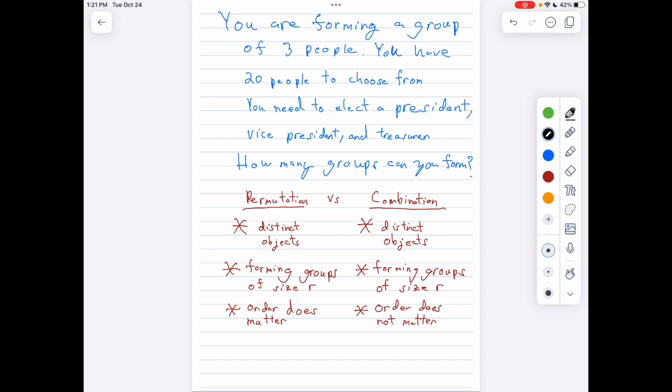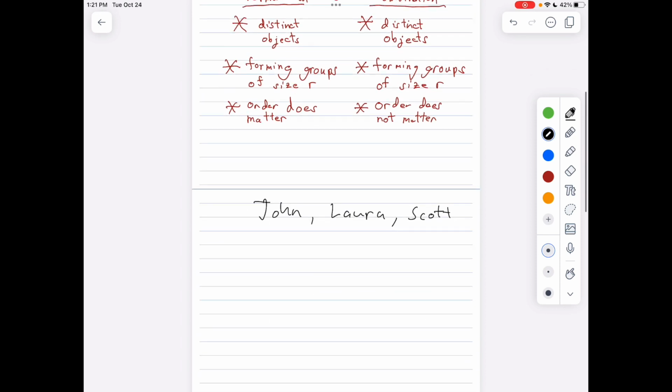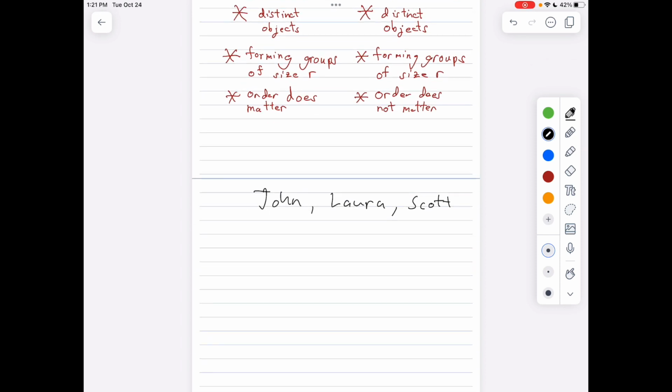Electing president, vice president, treasurer, there's an order to that, right? So just for a second, imagine you had 3 people, John, Laura, and Scott. Let's list some of the ways that these 3 people can hold office. You can have John as the president, Laura as the vice president, Scott as the treasurer.